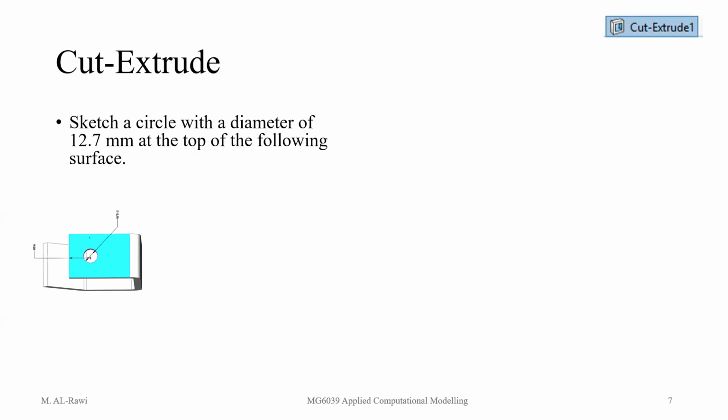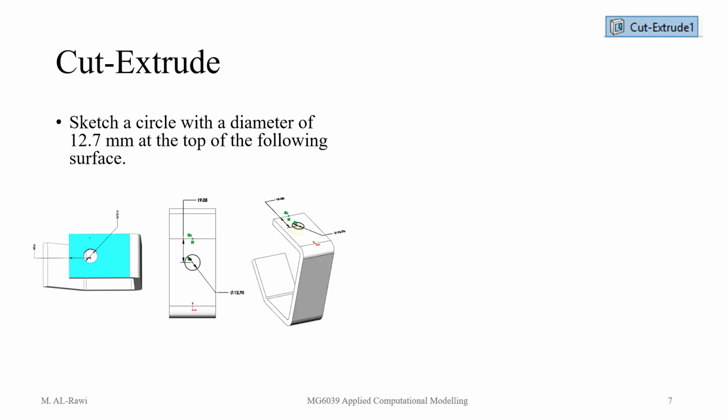The circle should have the following dimensions. The circle is 12.7 millimeters. That's the diameter. Phi is diameter. Now, where it is located is critical. The distance from the center of that circle to that line is 19.05. And it should be at the center. I'll give you more hints. This is my origin. Remember why we did mid-plane, why we did the origin?